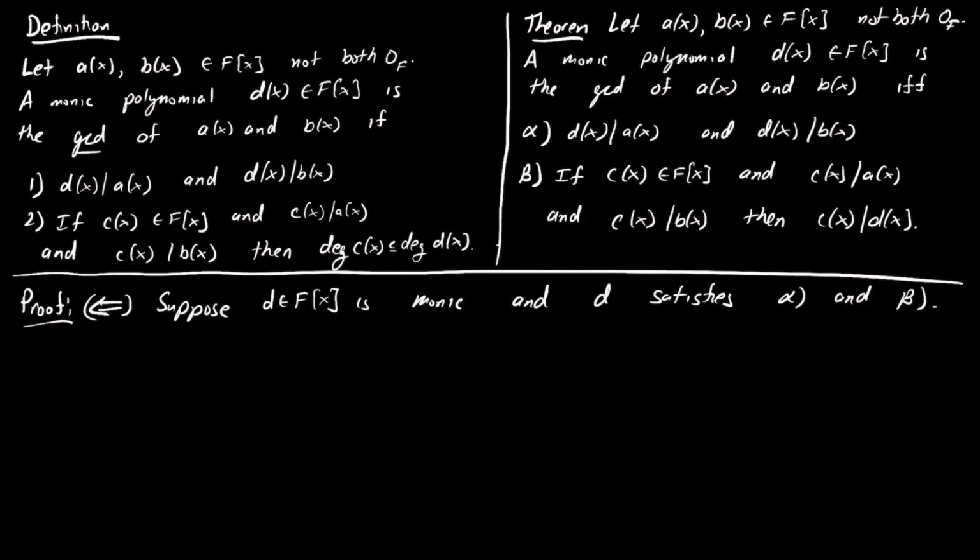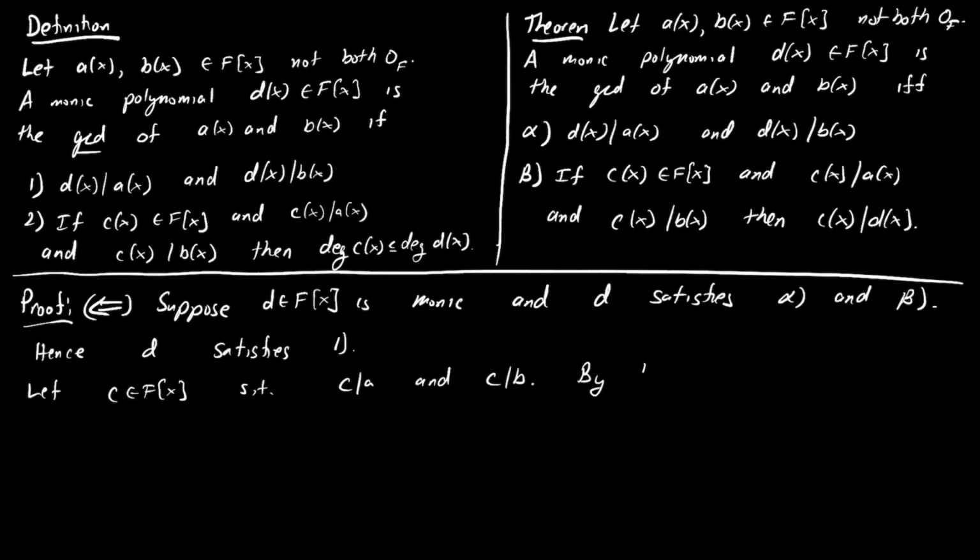Okay, so the backwards direction is a lot easier. We're going to suppose that D is monic, and D satisfies conditions alpha and beta, and we might notice right away that alpha and 1 are the same thing. So, hence, D satisfies condition 1. Right? And now I'm going to say let C be some polynomial in F[x] such that C divides A and C divides B. Okay, well, what do I know?